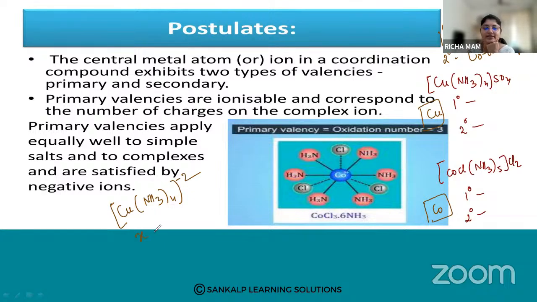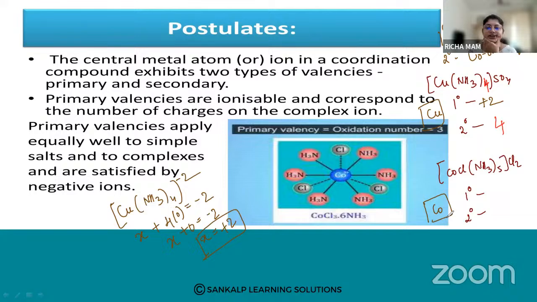So it can be written as X plus 4 ammonia, and ammonia is a neutral molecule, so X plus 4 into 0 equals -2... the complex ion carries the charge balancing SO4, so X equals +2. So copper is +2, and the primary valency is +2. Then what is the secondary valency in this complex? How many ligands are present around the central metal atom? 4. So the secondary valency is 4.